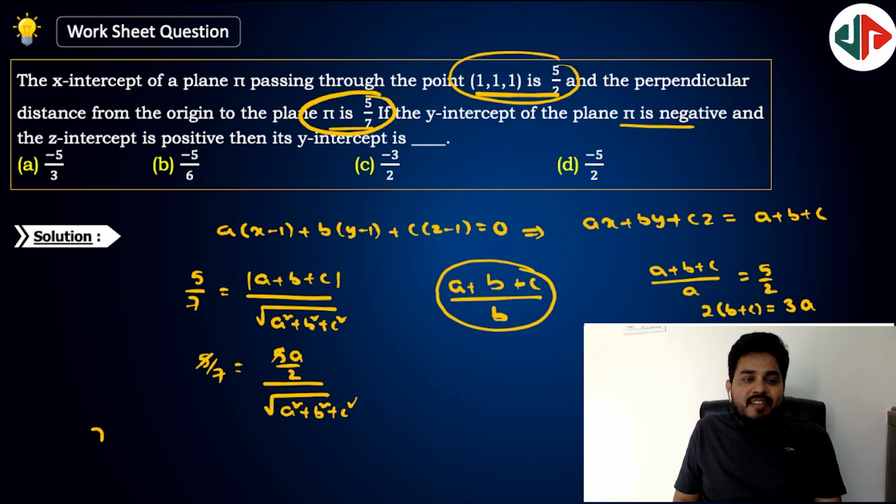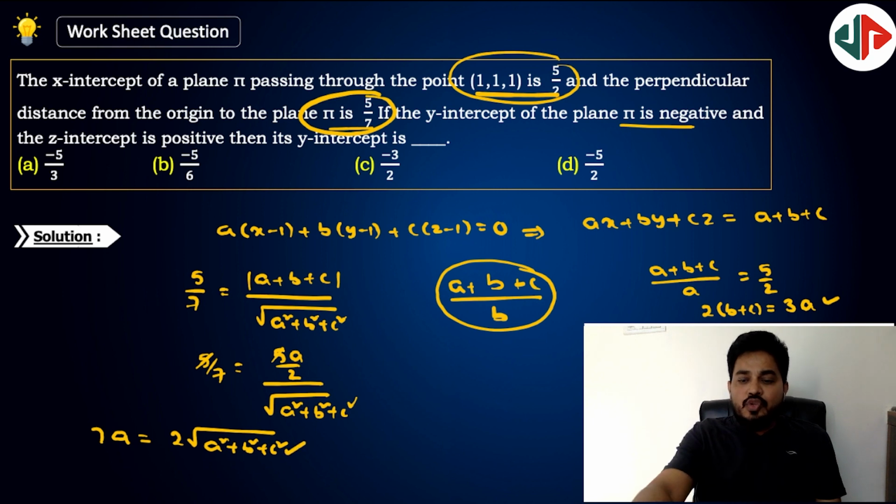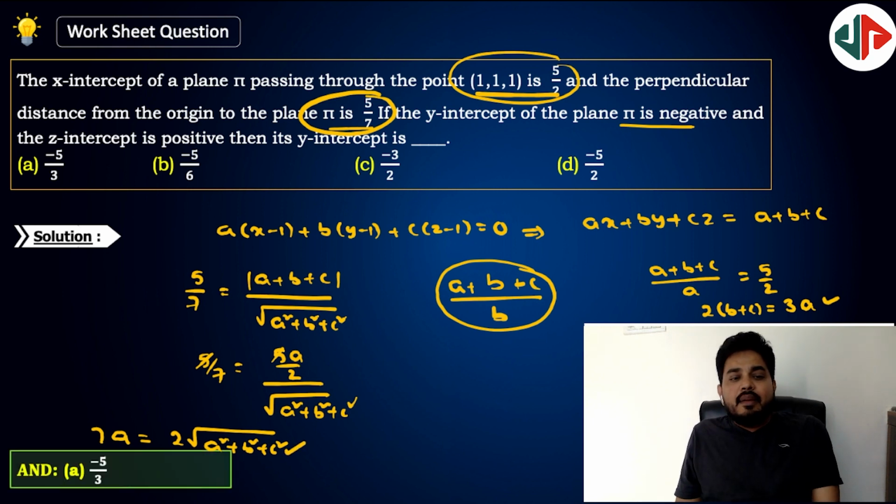So 7a = 2 times the square root of a² + b² + c². This equation and the earlier one, you solve and you'll get b = -5/3.